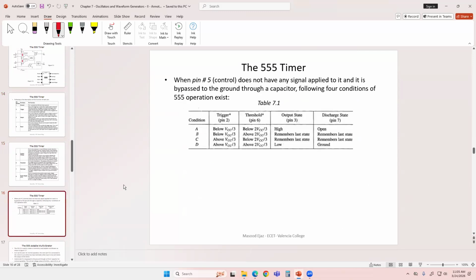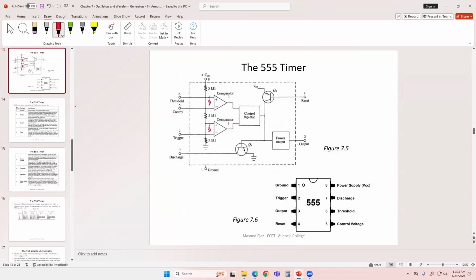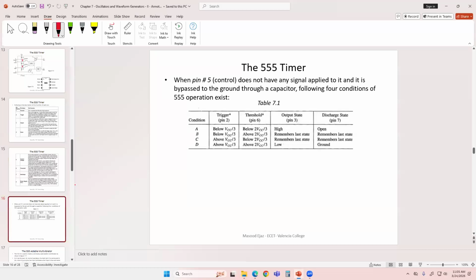How it operates is given in this table. There are 4 conditions. Trigger, which is pin number 2, is connected to the inverting input of comparator 1. So this is the inverting input, so V negative of comparator 1.